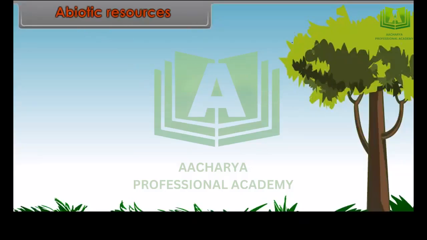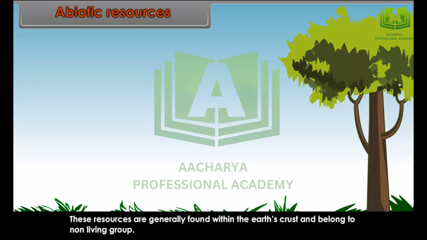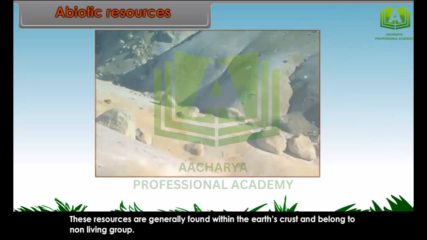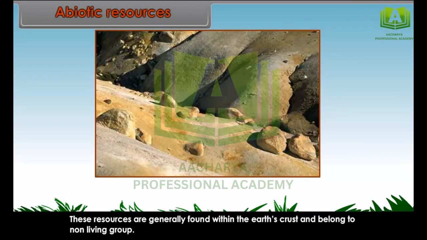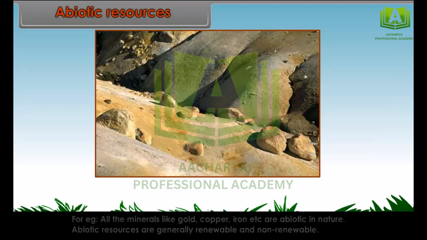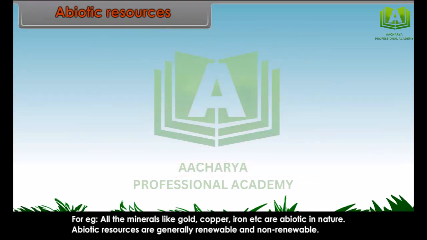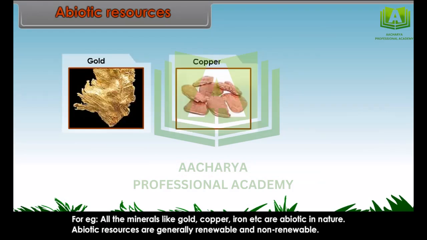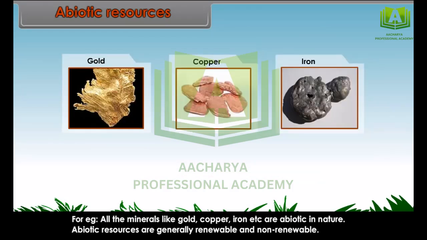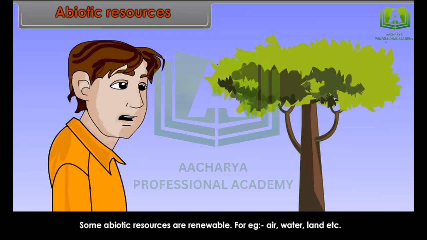Abiotic resources. These resources are generally found within the Earth's crust and belong to the non-living group. For example, all the minerals like gold, copper, iron, etc. are abiotic in nature. Abiotic resources are generally renewable and non-renewable. Some abiotic resources are renewable.